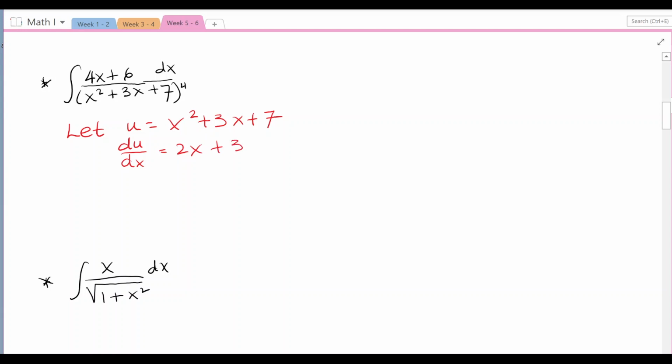Therefore du equals (2x + 3) dx, which is similar to the problem that we have here for 4x + 6, which is simply a duplicate or double.